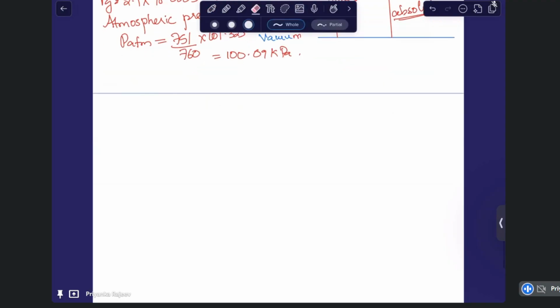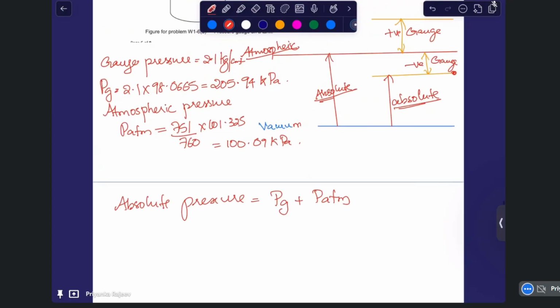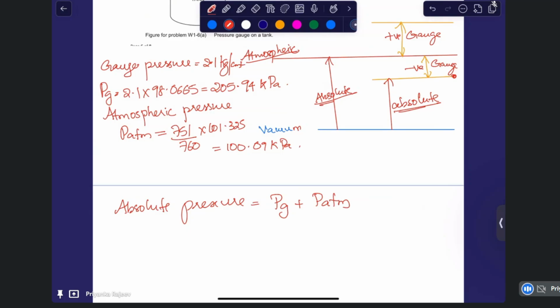So absolute pressure is equal to Pg plus PATM. So you can see here, if I'm taking this as gauge and this as atmospheric, the absolute pressure for this one is gauge plus atmospheric, so this part will be Pg and this part will be PATM.